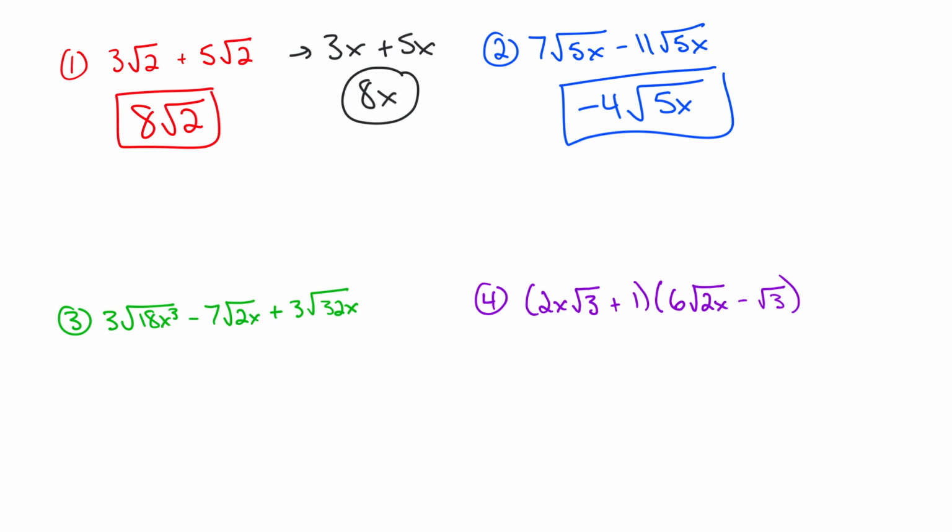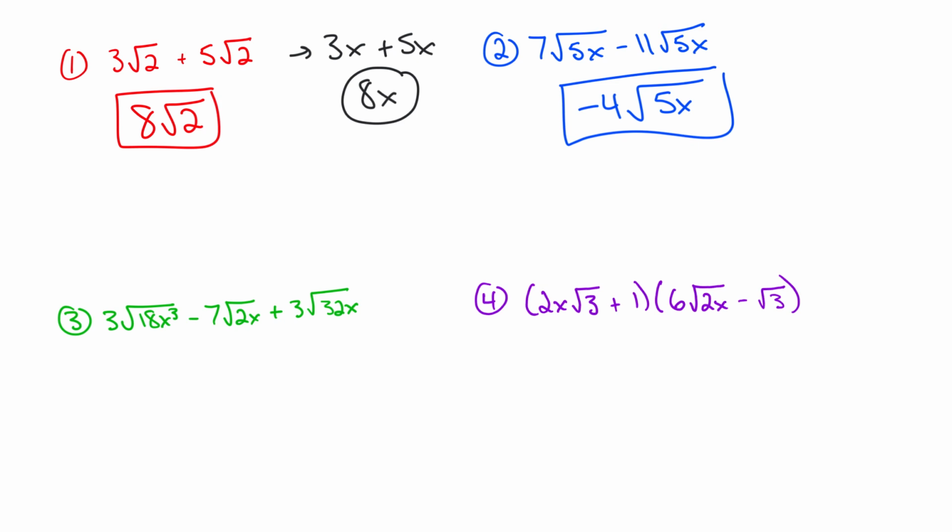Now these first two problems are relatively simple. The next two are a little bit more complex. Problem number 3, I have 3 times the square root of 18x cubed minus 7 times the square root of 2x plus 3 times the square root of 32x. As they are currently written, nothing can add or subtract to one another because the radicals are all different.